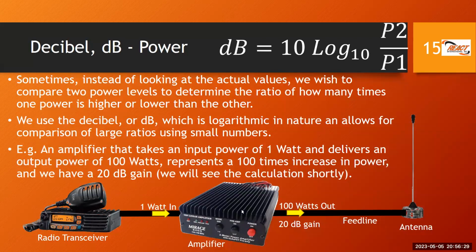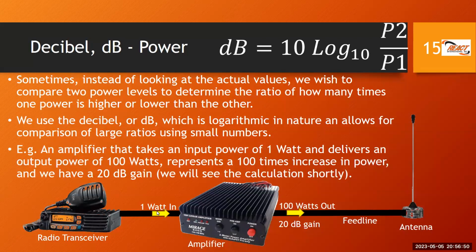And what an amplifier will do is that it will take the input, process it, and have an output that is higher than what went in. So that's why we call it an amplifier, because the amplifier amplifies. So we have 1 watt going in, and we are saying that this amplifier has the ability to transmit 100 watts of power out.